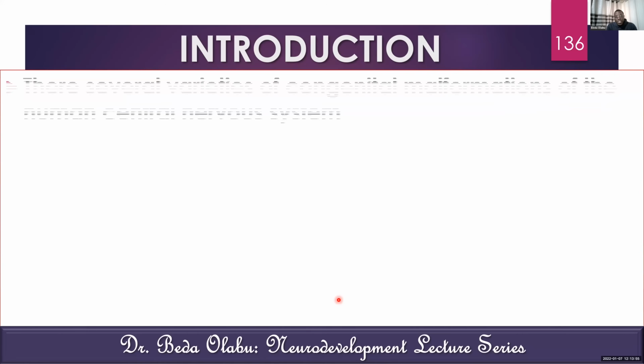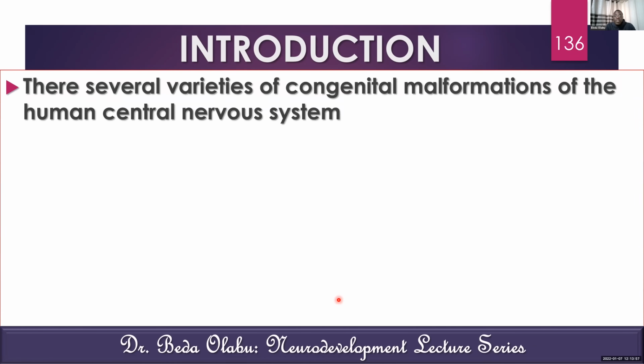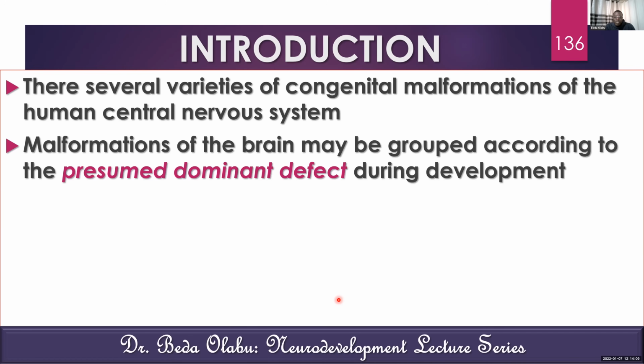Now, congenital malformations of the central nervous system are really many. We are not able to discuss all of them in a single lecture. However, they have been classified, and there are different ways of classifying congenital malformations of the central nervous system.